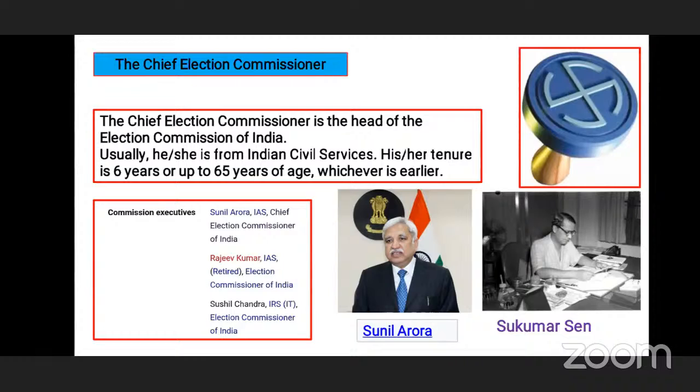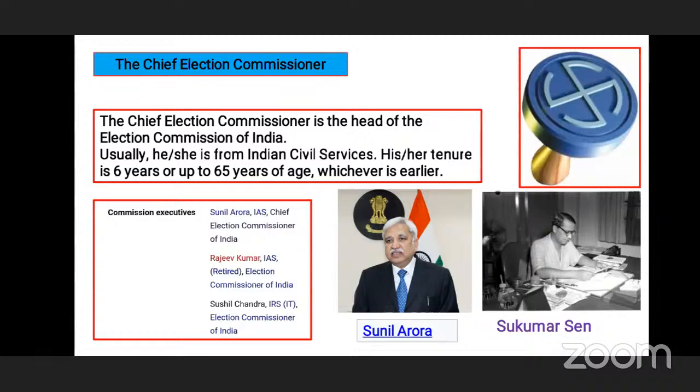In 1989, there were reforms introduced by the parliament. According to that amendment, it was changed into a 3-member commission, from 1993 till now. Look at these 3 election commissioners in this slide.